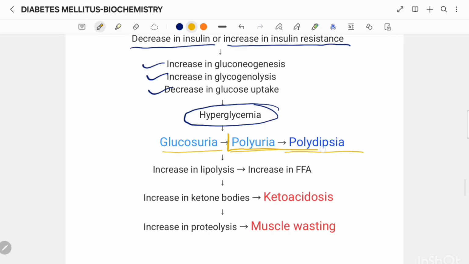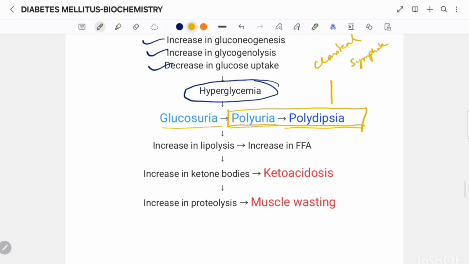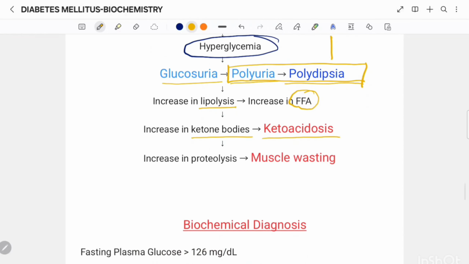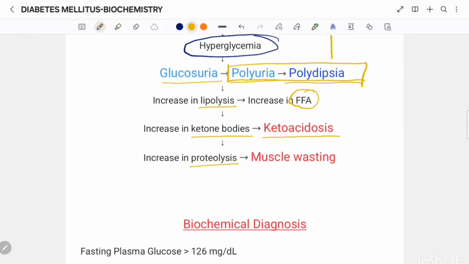We have already discussed polyuria and polydipsia are the classical symptoms, which further lead to lipolysis increment, which results in free fatty acid formation. Free fatty acid formation may lead to an increase in the keto bodies, leading to ketoacidosis, and proteolysis also occurs, which may result in muscle wasting.